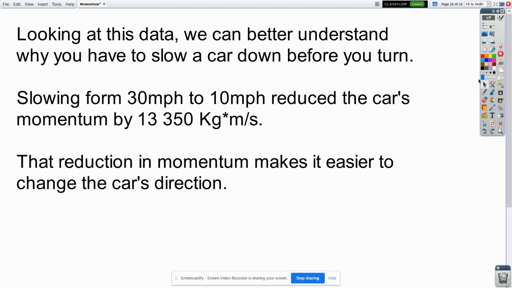Because we have reduced that momentum tremendously, it makes the car much, much easier to turn. That's why if you take a turn too fast, a car is likely to go straight. It won't turn the way you want it to, and you'll end up off the road, or worse yet, hitting somebody head on. You have to slow the car down in order to reduce the momentum, in order to make the car easier to turn.